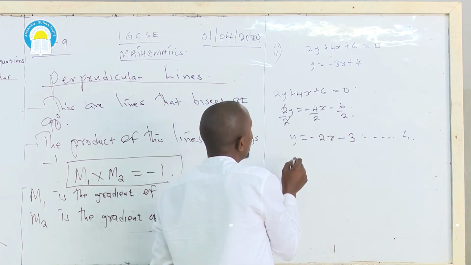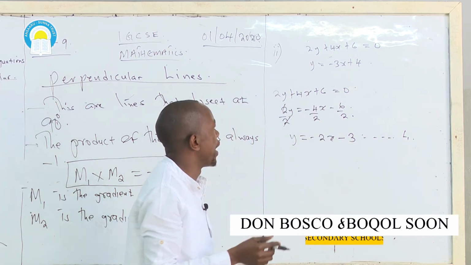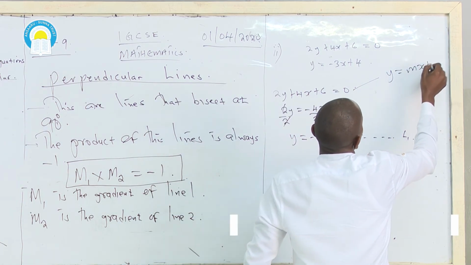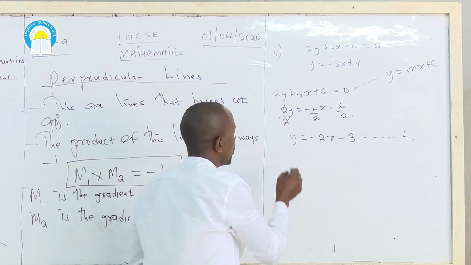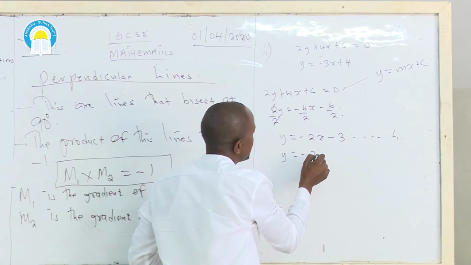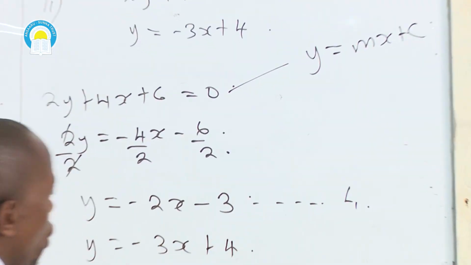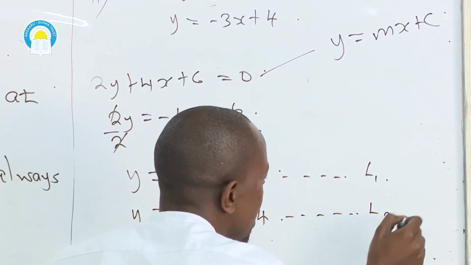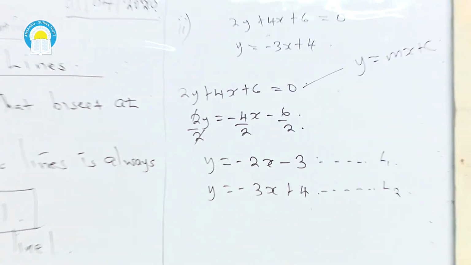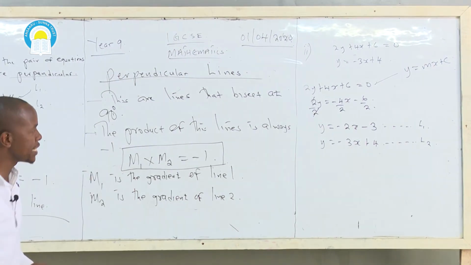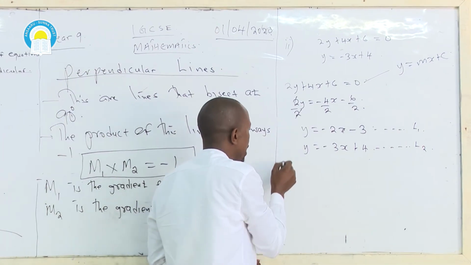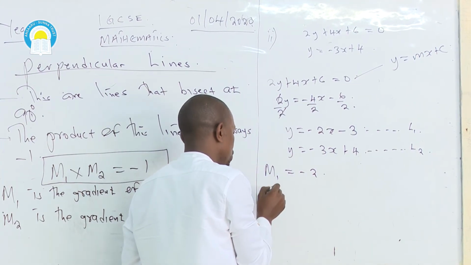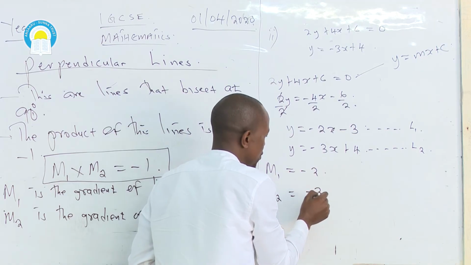Then line 2 is already given in the form of y is equal to mx plus c, so it is y is equal to -3x plus 4. Whenever these are written in the form of y is equal to mx plus c, it is easy for you to state the gradients. Now we say our M1 is equal to -2 and our M2 is equal to -3.